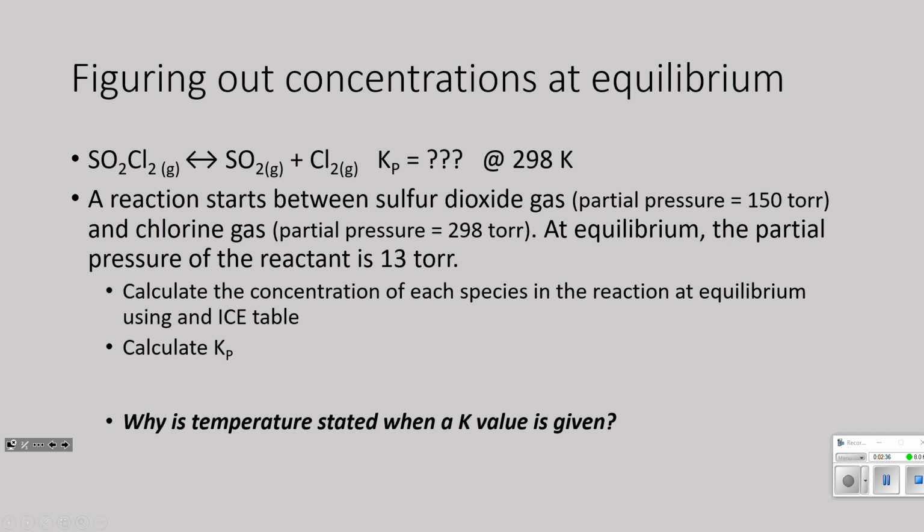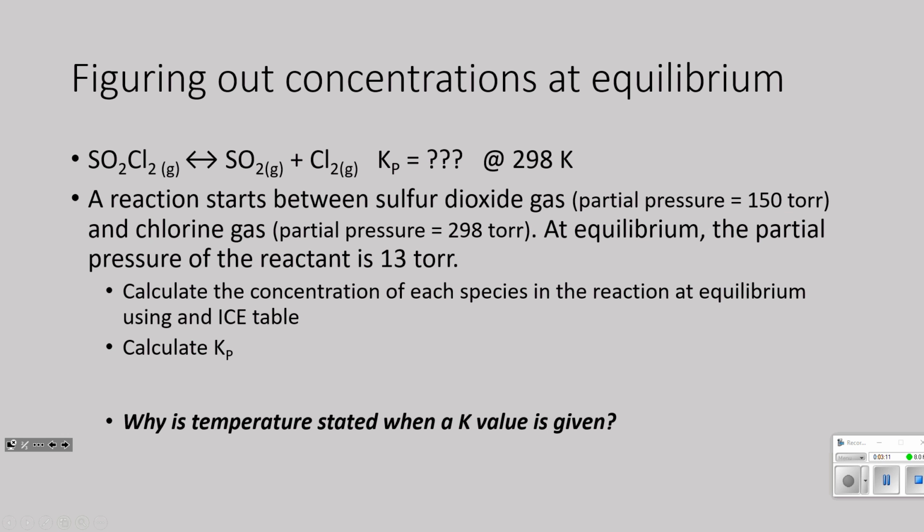Now, what we did in the lab is we used spectrophotometry to figure out the ending concentration of one thing, and then we did an ICE table to figure it out. So I'm kind of working you through a similar method here. But these two sub-bullet points is what I'm going to cover right now. Calculate the concentration of each species in the reaction at equilibrium. And then once we have that, we can solve for the equilibrium constant K. Good?